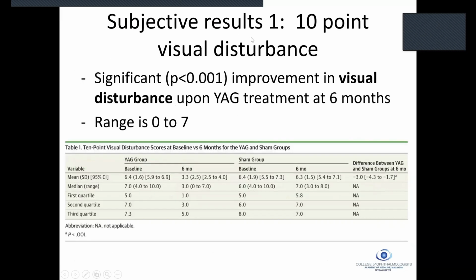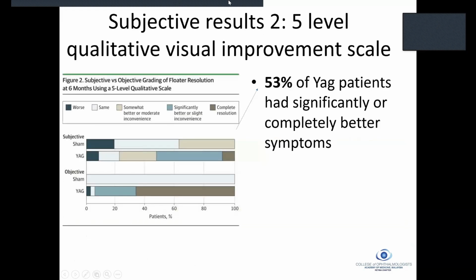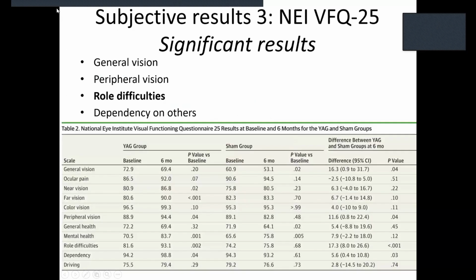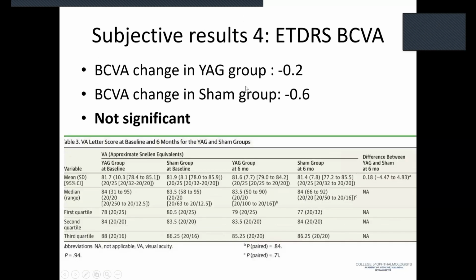And the results showed significant improvement in visual disturbance measurement in the group that received the laser treatment at 6 months. As for the qualitative visual improvement scale, half of the patients had completely better symptoms. As for quality of life, the main subscales that improved were general vision, peripheral vision, and goal difficulty. So they were managing their goals much better, and dependency on others all improved with treatment.